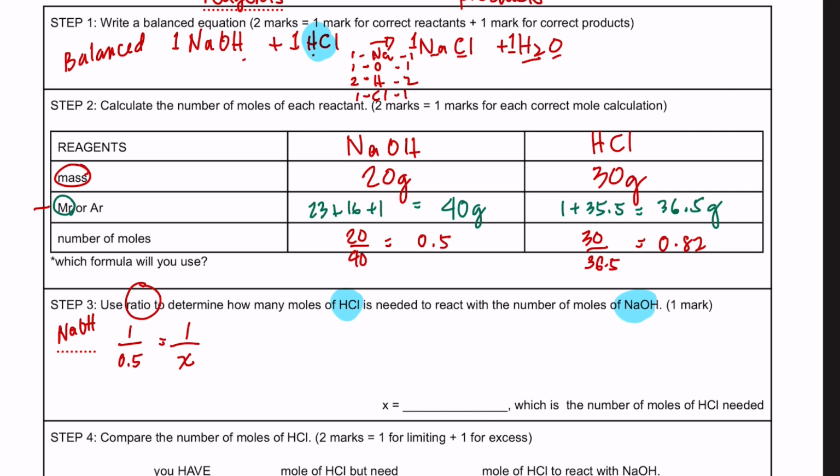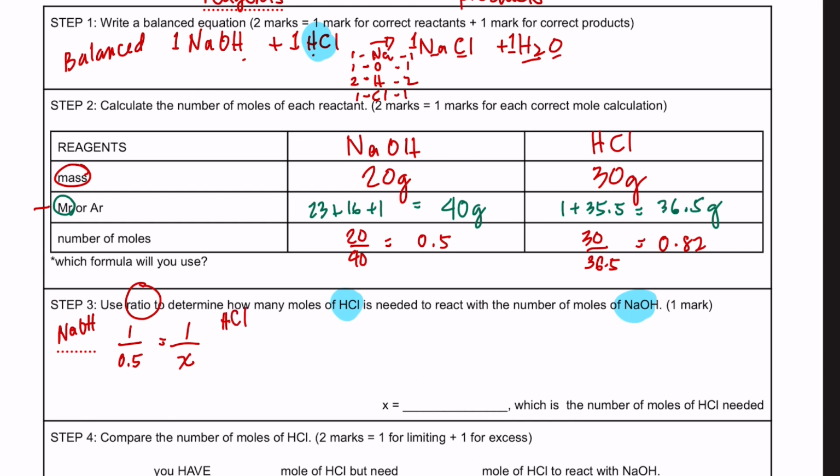So you can start with hydrochloric acid, but you can figure out which is the limiting and excess by just seeing if the ratio is correct. Okay, so we are basing it on sodium hydroxide. 1 over 0.5 equals 1 over X, and X is the number of moles of hydrochloric acid that you need to react with 0.5 mole of sodium hydroxide.